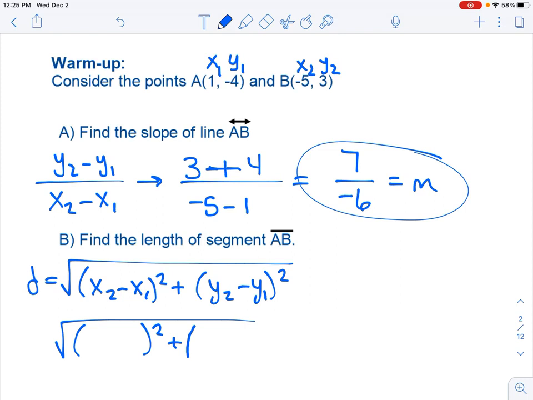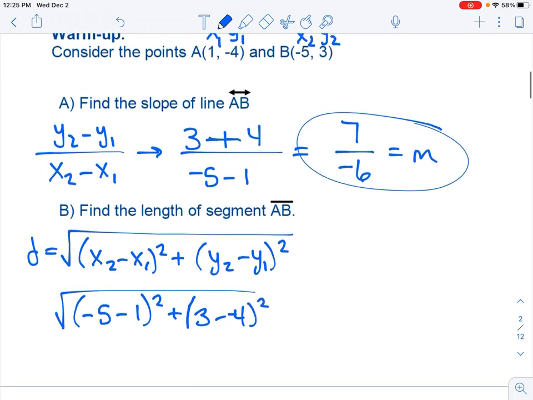I should say we will have negative 5 minus 1 squared and then 3 minus a negative 4 squared, based on the order that I had them in when I wrote the equation. Honestly, either way, we'll get the same solution, but I just don't want you to get confused between those two.